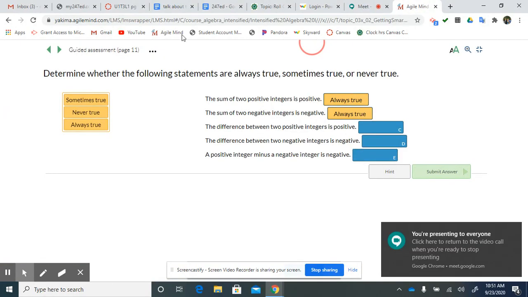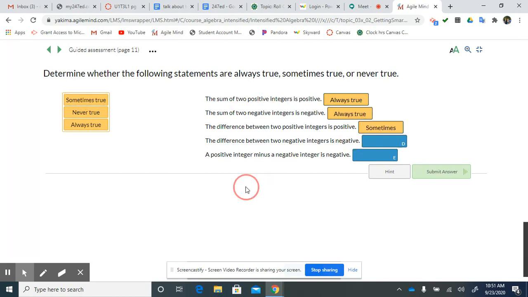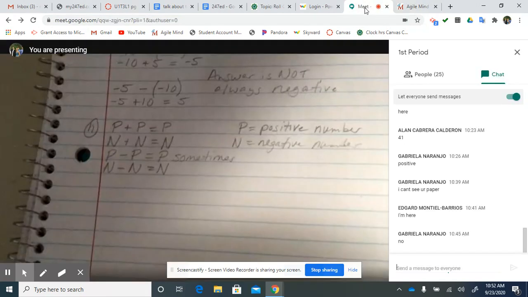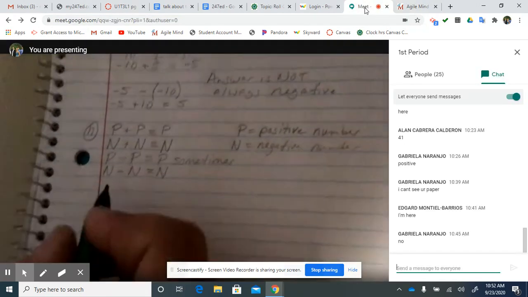Okay, and then we have the difference between two negative integers is negative. So difference is going to be subtracting. So we have negative minus a negative equals negative. All right, let's play with this a little bit.